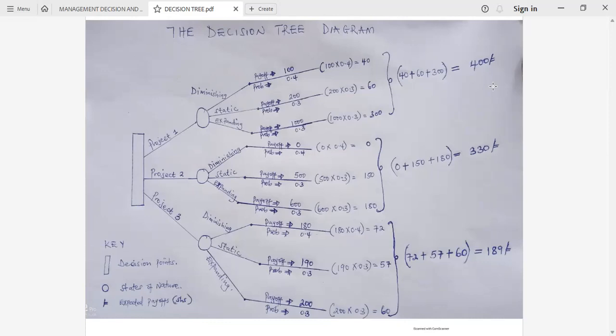So that's basically what we were required to do as far as decision making under risk, using the different methods, the expected value and the decision tree. But we said most of the times they are going to be asking us to use the decision tree, because this decision tree helps even the person who doesn't have the accounting background to understand what we are doing.